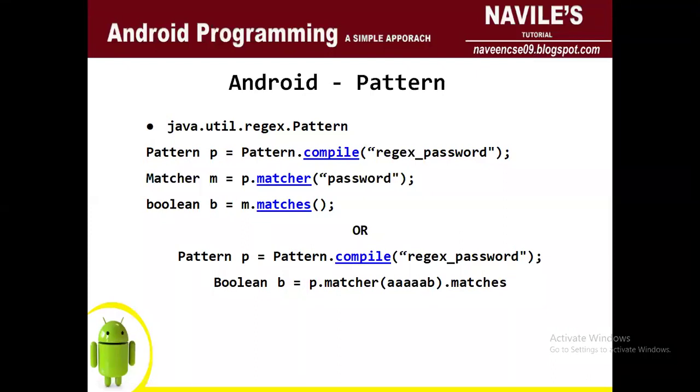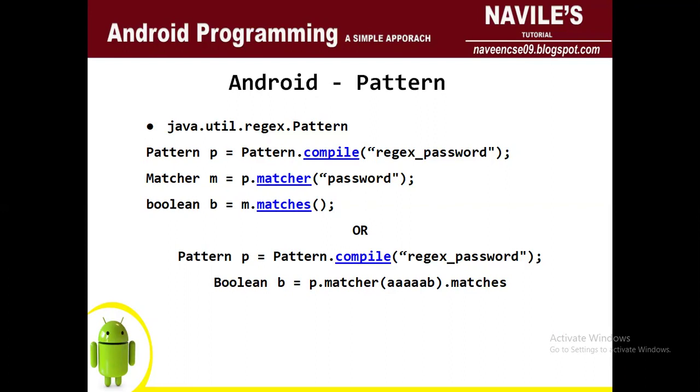We validate the password with the help of three methods: compile, matcher, and matches. In compile, we specify the rules built for a password in the form of a regular expression, regex. In the matcher, we retrieve the password from the user, and then we call the matches method.